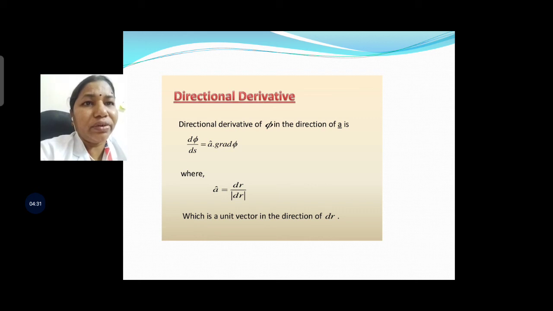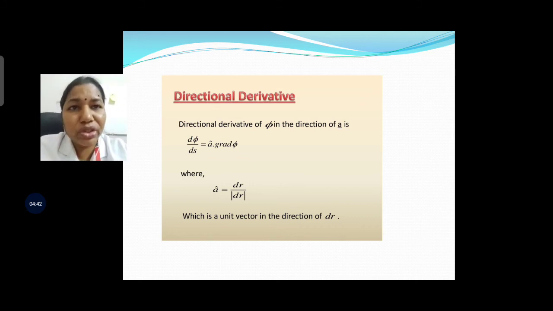Directional derivative of phi in the direction of a: d phi by ds is equal to a dot grad phi. Here a means unit vector. Unit vector is defined as the ratio of any vector by its magnitude.